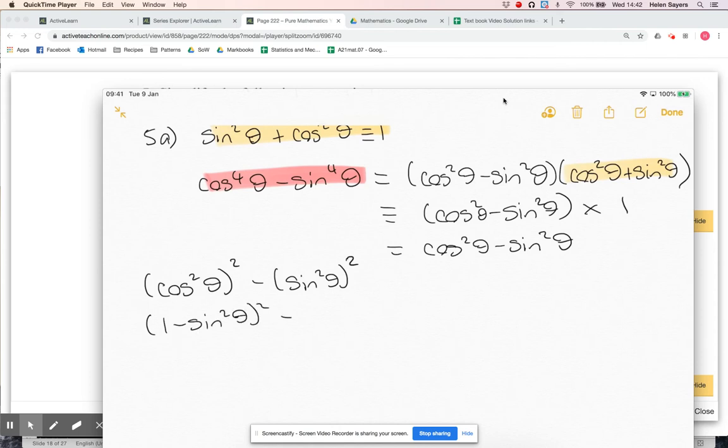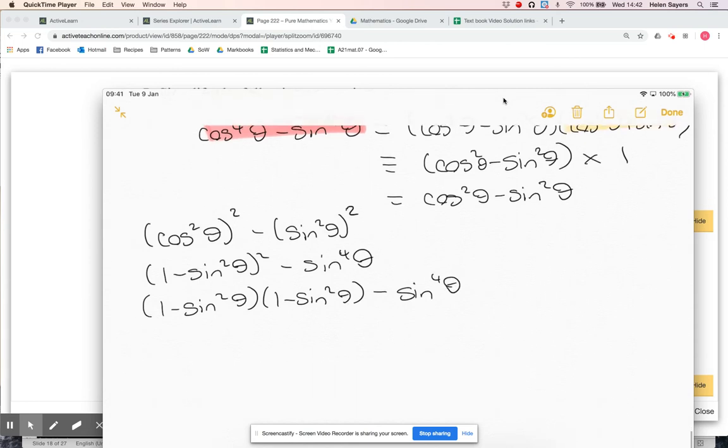And then I'm actually going to rewrite the sine squared back as a power of 4. And then I could say, well, 1 minus sine squared all squared is that. And then if I multiply these brackets out, let's have a look at what happens. But like I said, normally you'd expect the question to tell you what form to have it in.